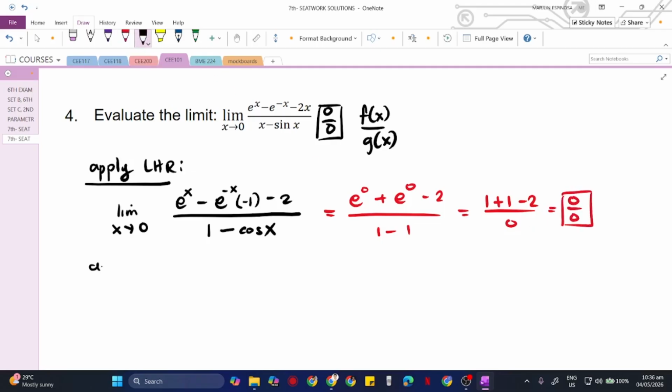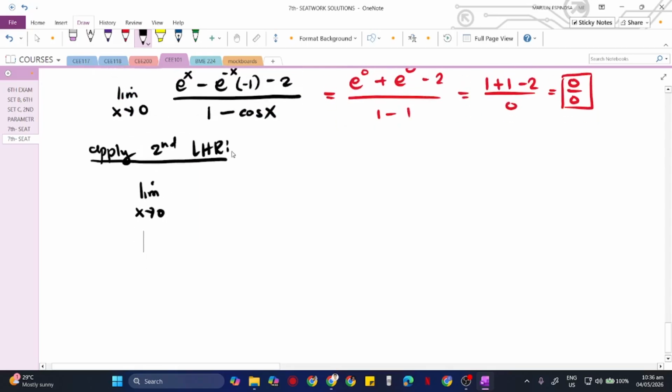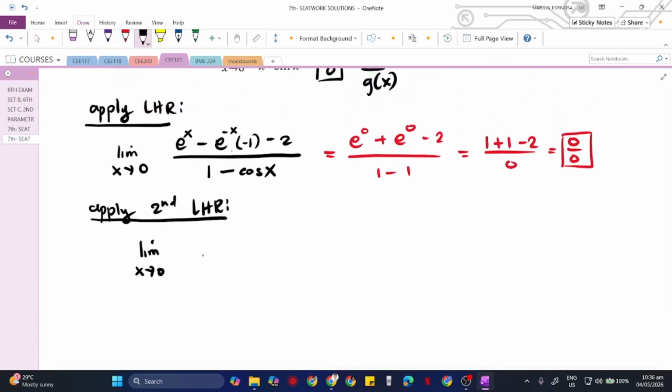So, we can now apply the second L'Hopital's rule. We have here a limit as x approaches 0. So, what is the derivative of e raised to the power of x? Same lang, that is same pa rin.